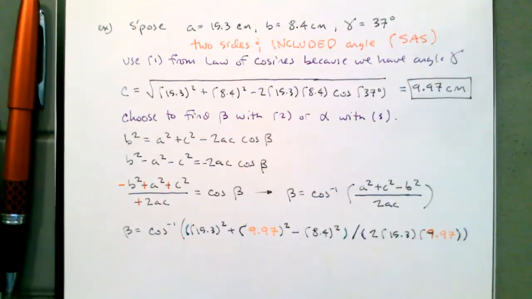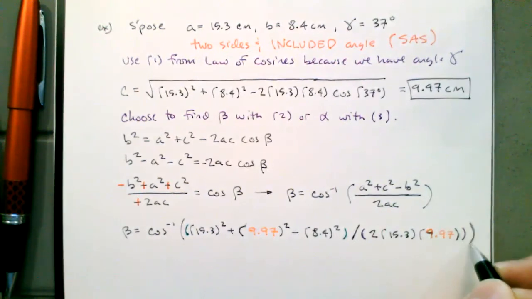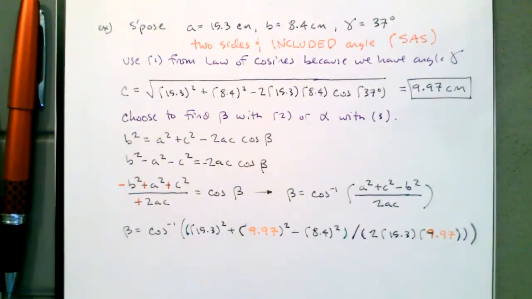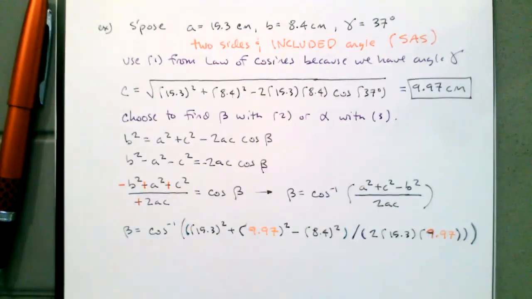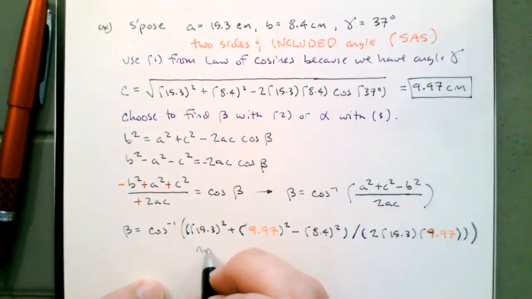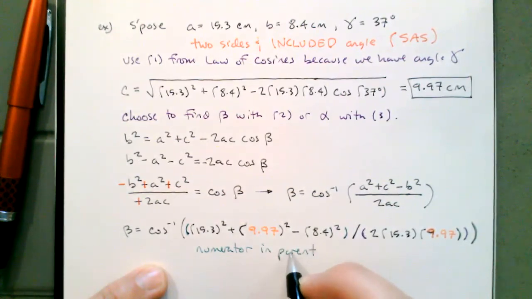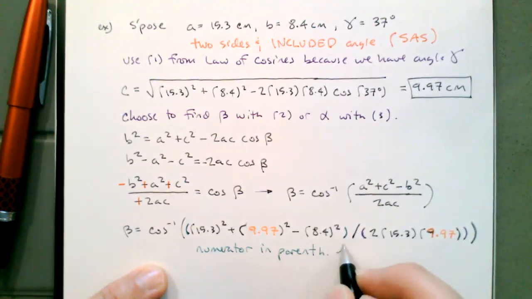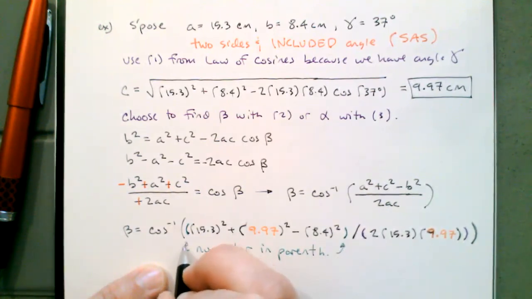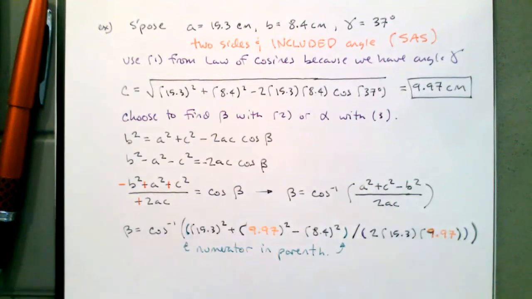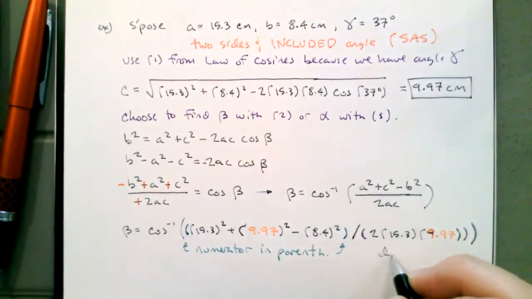And then finally, I can close the cosine inverse. So notice I have the numerator in parentheses, and I have the denominator in parentheses as well.